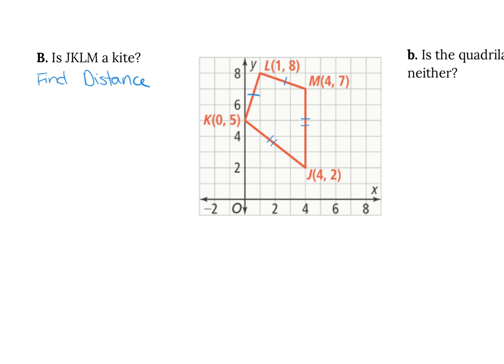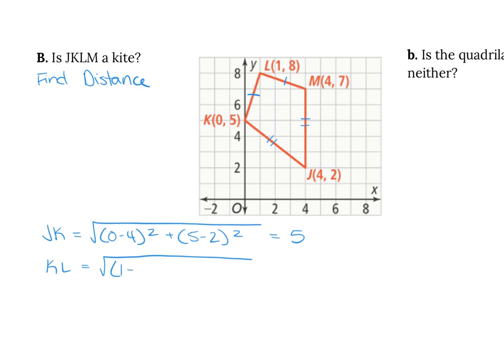Okay, so I'm going to start by finding my distance for JK. That's going to get me 5 for that distance. Okay, so this one is square root of 10. This is 5.